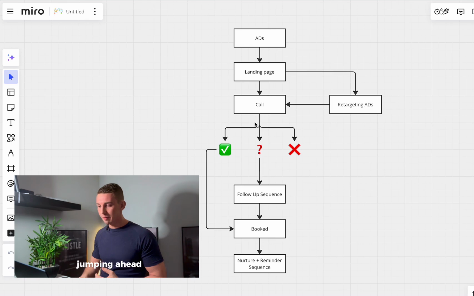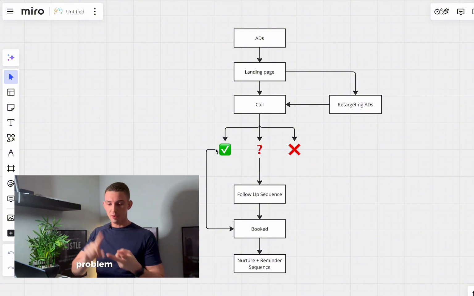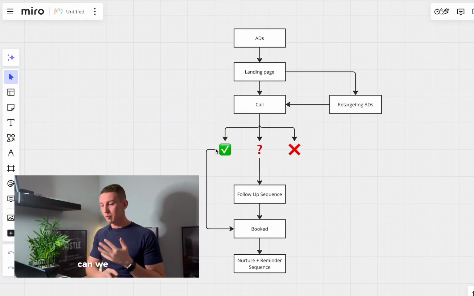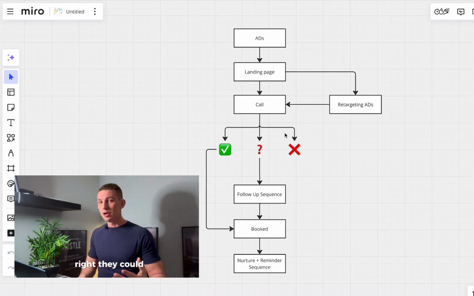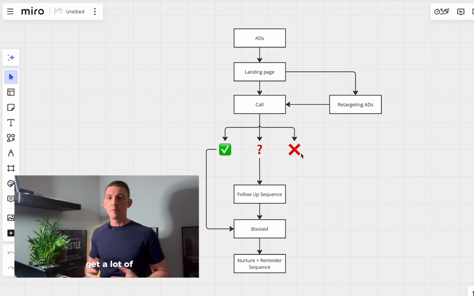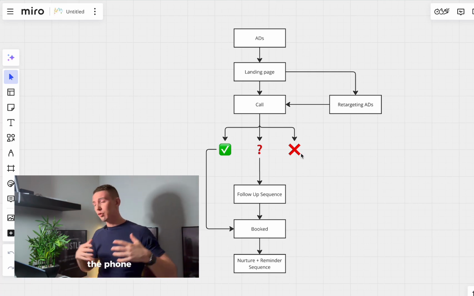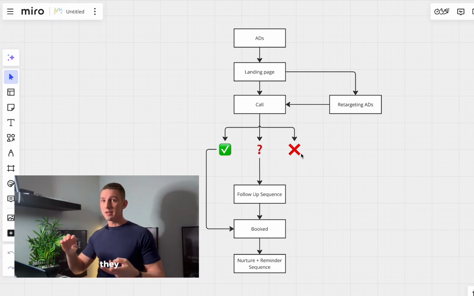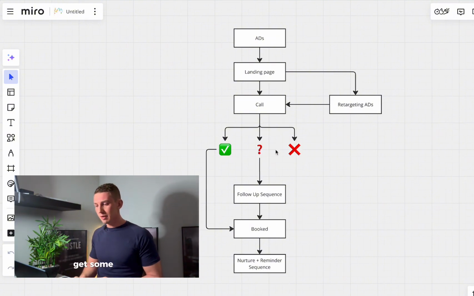So I'm kind of jumping ahead of myself a little bit, right? Because you're going to have three options. Either they're a good fit, they're like, yes, I have this problem, I want that thing, when can I get it, or when can we book in, or whatever, which means that they're then booked, right? They could not pick up the phone. You will get a lot of people who fill in the details and don't pick up the phone for whatever reason. They're busy, they don't answer unknown numbers, whatever, right? So you are going to get some people who just don't pick up.